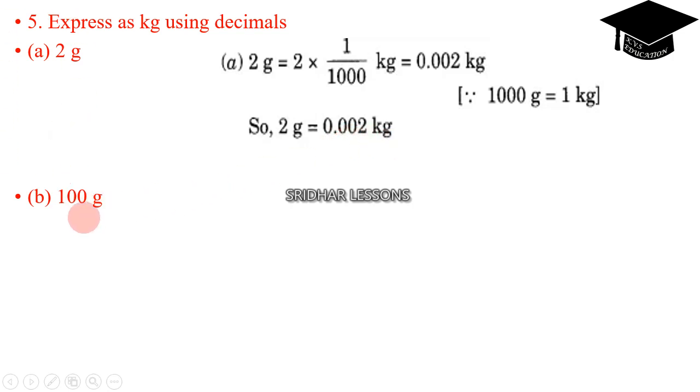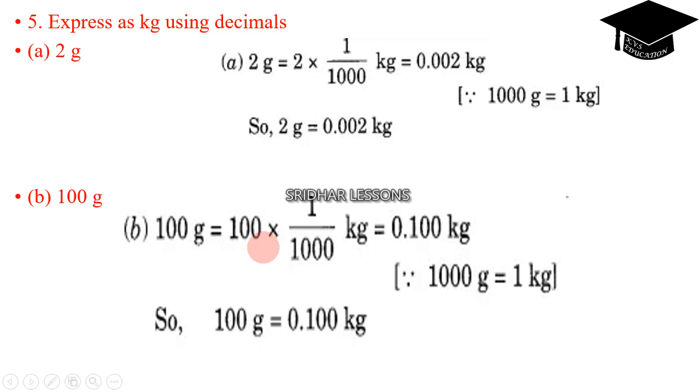Now 100 grams. 100 grams can be converted as 100 into 1 by 1000, that means 0.100 kilograms. So 100 grams is equal to 0.100 kilograms.